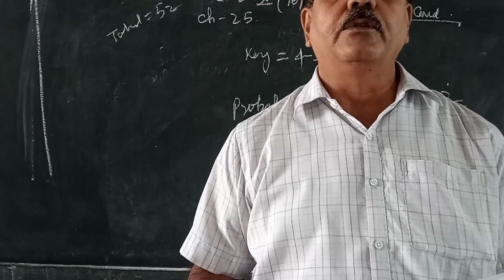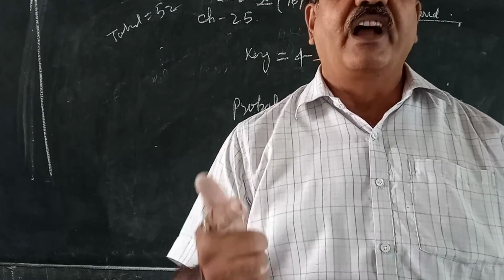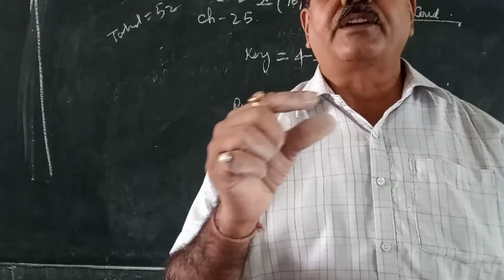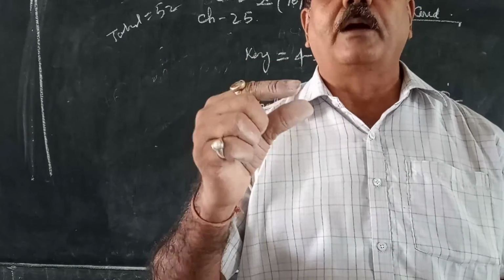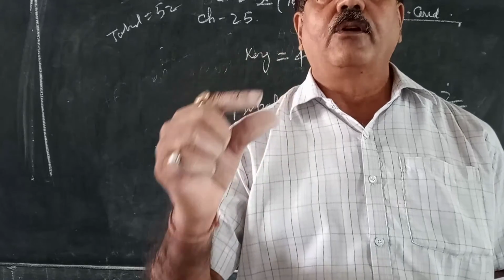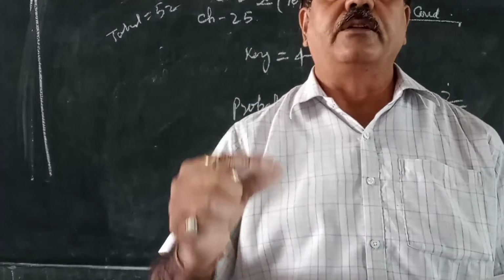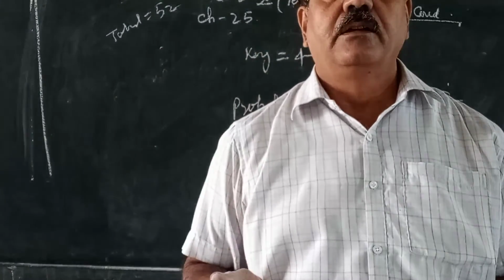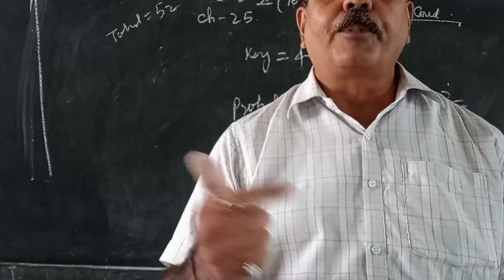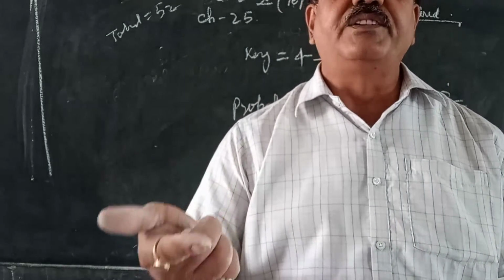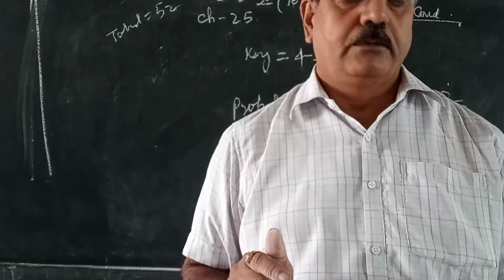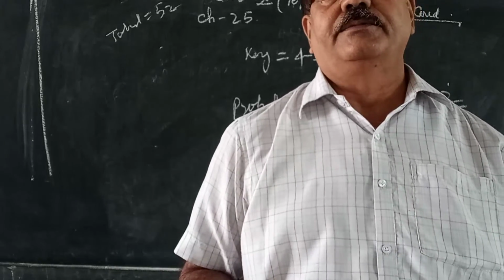So 13 by 52 means 1 by 4. A red card. Diamond and heart are both red in color. Diamond also 13, heart also 13. So altogether there are 26 red cards. So the probability of getting a red card is 26 by 52.